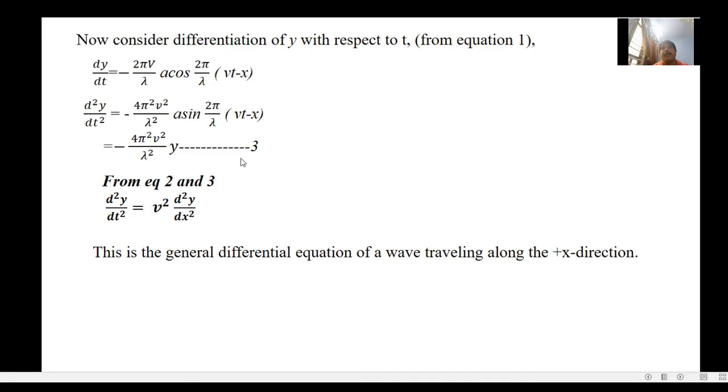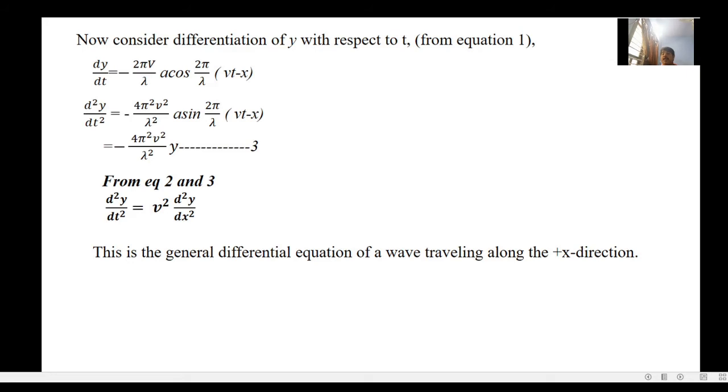Now, comparing equations 2 and 3, we get d²y/dt² = v² d²y/dx². This is called the one-dimensional differential equation of wave motion. This is a very important equation.